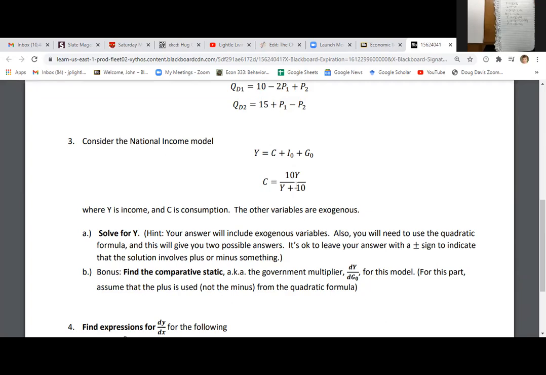And if you want me to say it right now, I will. It's negative b plus or minus the square root of b squared minus 4ac, the whole thing over 2a. That is the quadratic formula. So you can use that to solve for y. Oh, I have that in my hint. It'll give you two possible answers, and it's okay to leave your answer with the plus or minus sign to indicate that the solution is plus or minus something.